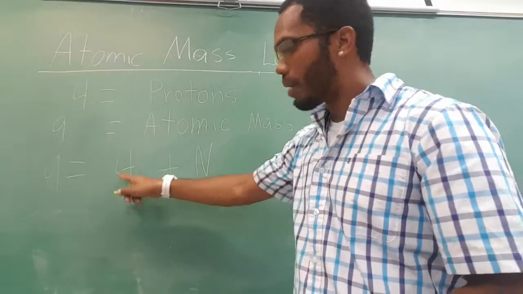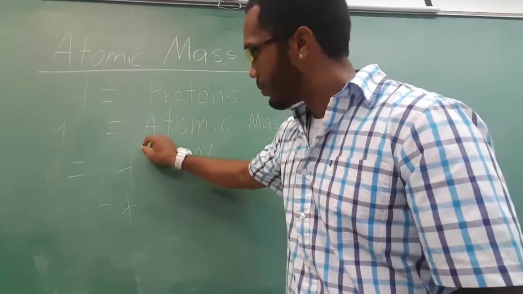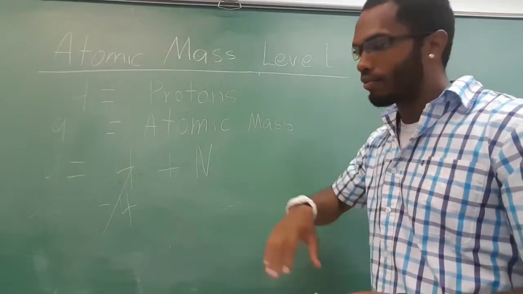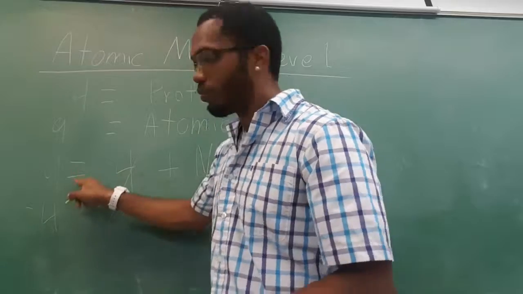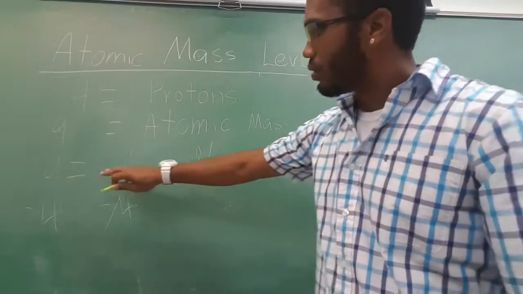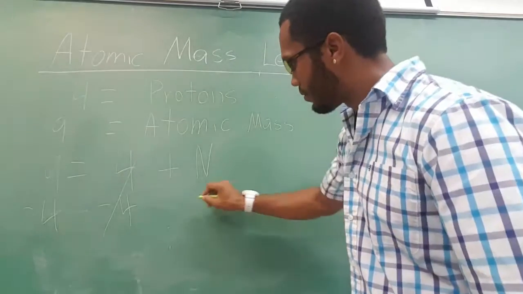Addition. So the opposite of addition is subtraction. So we simply minus 4, then we cross that out, right? Because we're left with 0, because we need to get n by itself. So we have minus 4, and whatever we do to one side, we have to do to the other side. So 9 minus 4 equals 5.